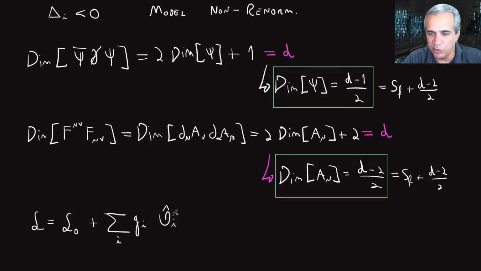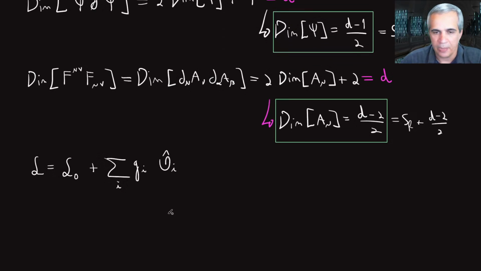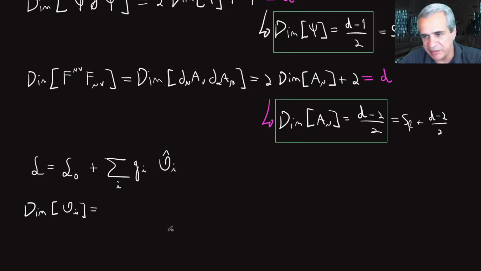If I want to know the dimension of these operators, the dimension of operator I will be given by these many numbers that I said characterize the interaction. So clearly there's a contribution from derivatives.